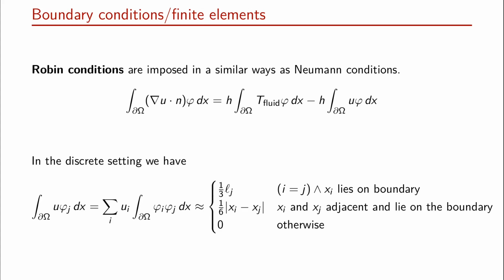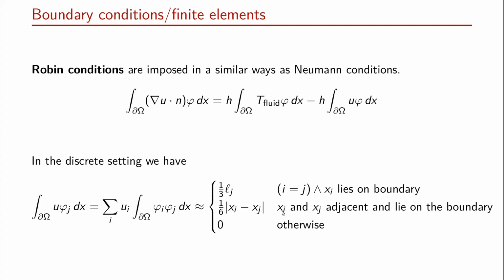Essentially, once again, this is an integral over the boundary, so this is an integral over the line segments. You have to think about this for a moment, but it should become clear very quickly how you can evaluate this. It is exact, so there's actually no error here. So what do we get? Well, if i is equal to j, then we get 1/3 times Lj, and Lj again is the sum of the lengths of these two adjacent line segments.